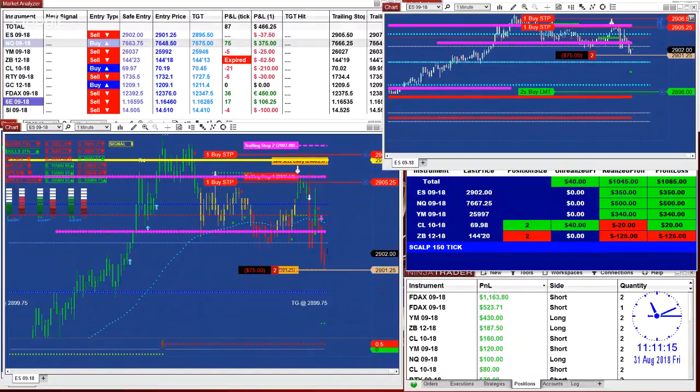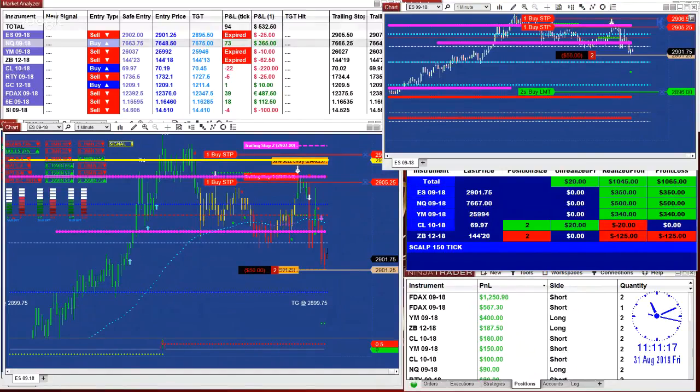This whole market is turning around to the short position. So let's see what will happen.